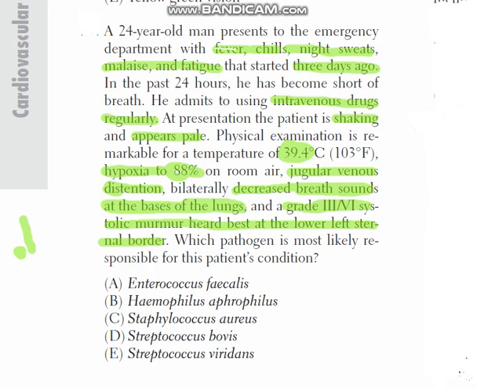But if we think deeply about the signs and symptoms and the use of intravenous drugs, we come to know that this is a classical case of acute bacterial endocarditis, because of the murmur and the jugular vein distension, which point to a pathological condition of the heart.